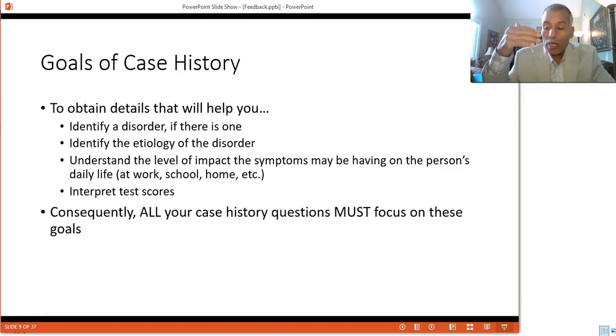Example: a psychologist administered an IQ test. The child got a score of 69, which would literally put the child in the mental retardation or intellectual disability category. However, the case history showed that this child was struggling in the house and didn't have much attention.